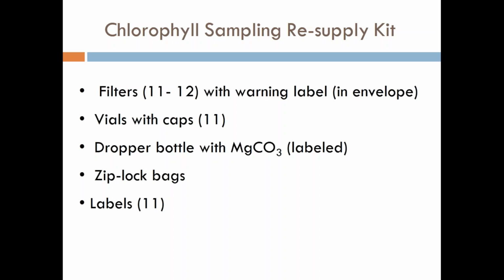If it's not your first year, but you've done this before, then all you really need to do is get a resupply kit. There's a few things that get used up, so you have to reorder them every year. Like you always need new filters and you always need new vials. So for a lesser cost, if you've been in the program for 2 or more years, you just buy one of these.